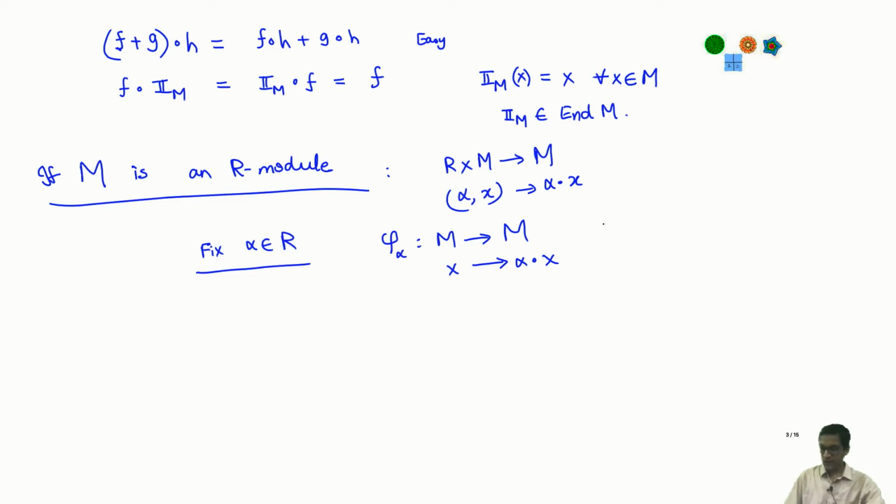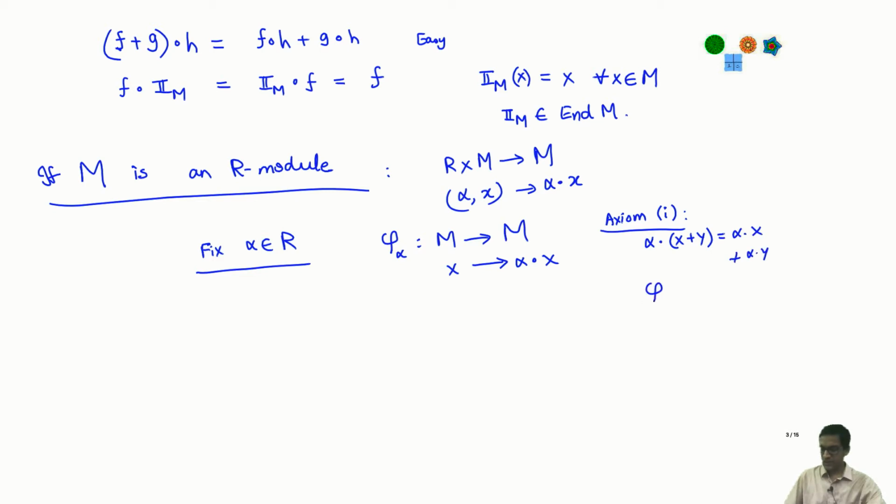So let's check what its properties are. Observe the axioms. Remember, we have axioms for the scalar multiplication. Axiom number 1 of modules says that if I take the scalar multiple of x plus y, that's alpha dot x plus alpha dot y.